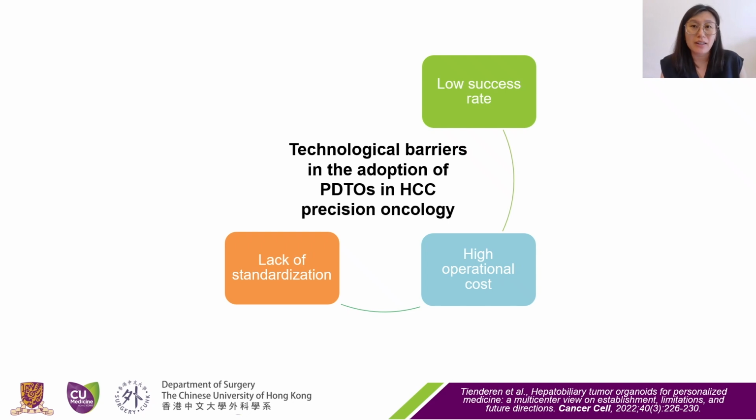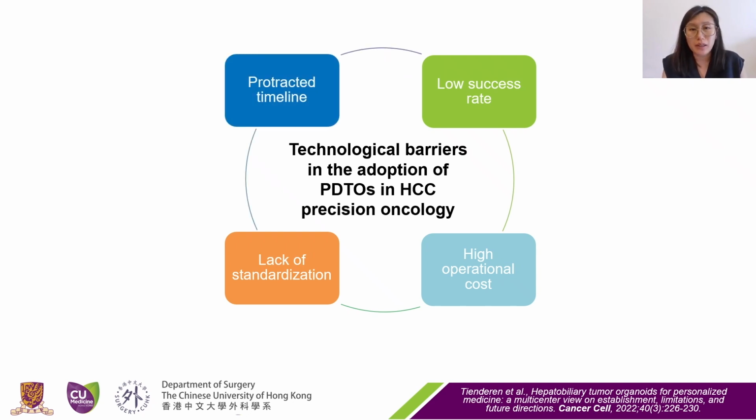There's a lack of standardization, particularly for certain components in the medium as well as Matrigel, and most importantly the protracted timeline. If you want to apply it to the clinic, it often takes a long time to establish organoids for drug screening, which does not fit the existing clinical timeline.